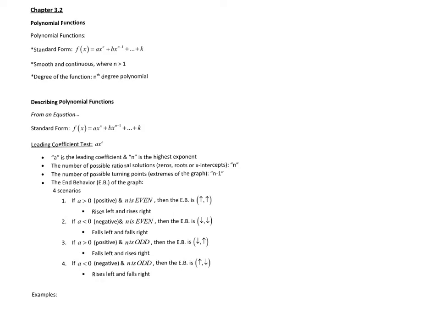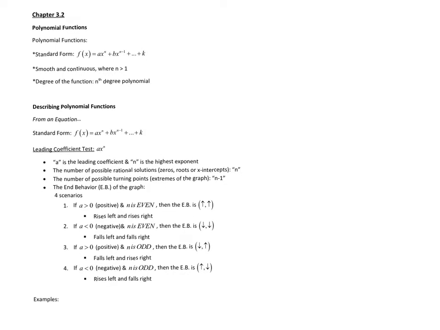Either way, the equation will always have what we call the leading coefficient. Okay, the leading coefficient comes from the highest exponent, the number in front. So leading, it's going to lead the function because it's the highest exponent. Okay, so that's where we get the leading. It's because it's attached to the highest exponent.